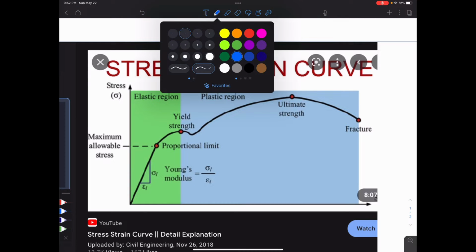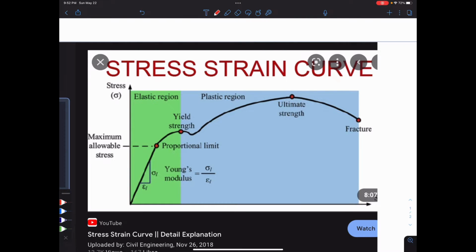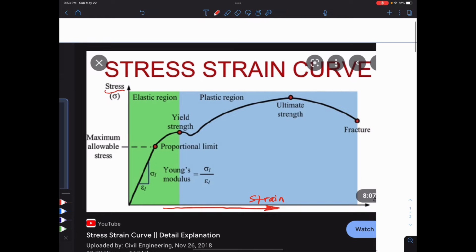Okay, let's switch to red here. First of all, along the bottom of this graph is strain. We'll define strain in a second. But let's also point out that up here is stress, and it's marked right there.